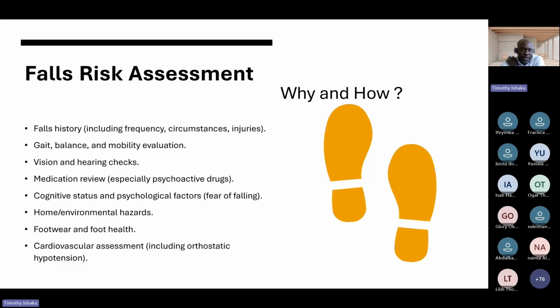And then we talked about cardiovascular functioning, orthostatic hypotension, dizziness, which can make somebody just fall, really. So with the multifactorial assessment, sometimes part of our role as physios is just to be aware of all the things that could affect falls, and we make the appropriate referral to other healthcare professionals.